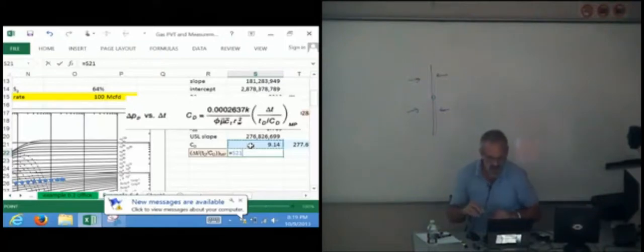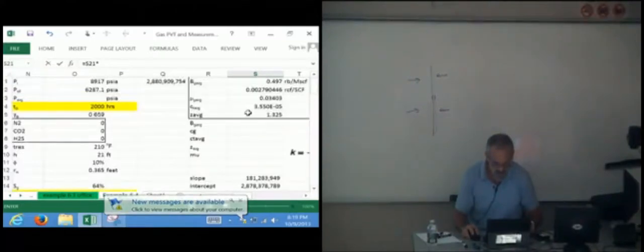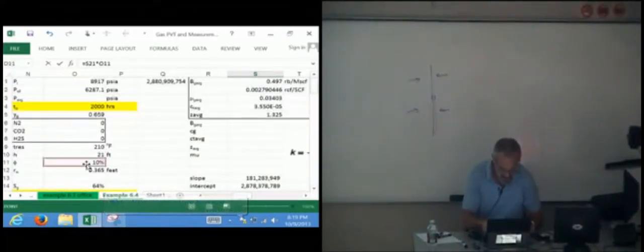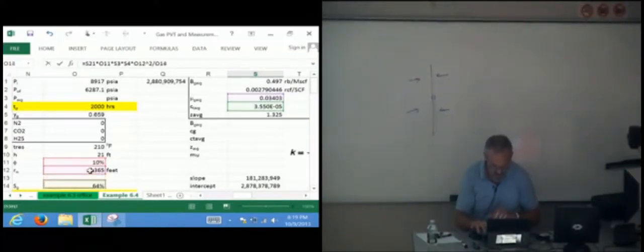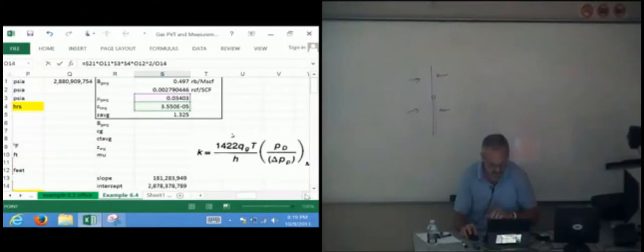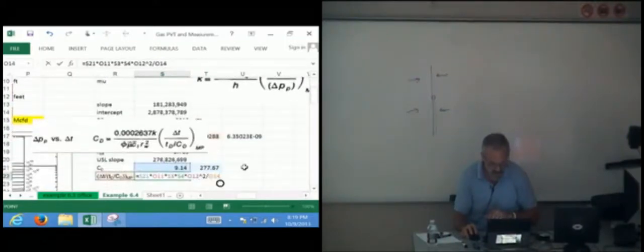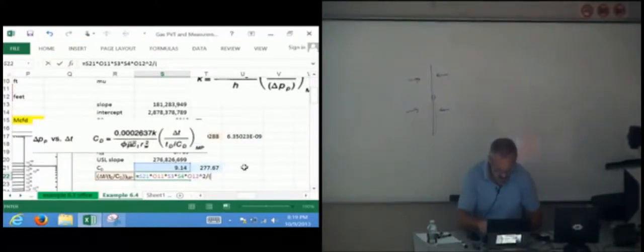I'm going to multiply by 5 mu C sub T r_w squared, and divided by 0.0002637 times k.